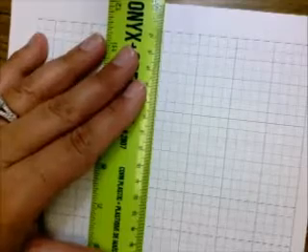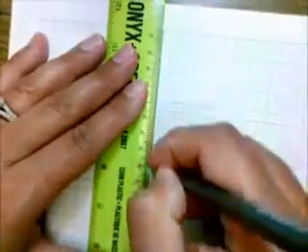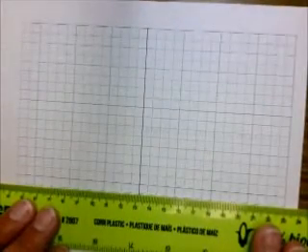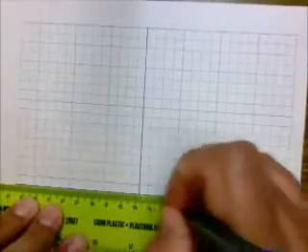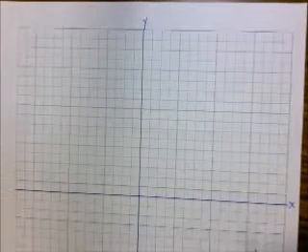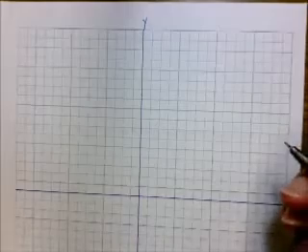We've got a Cartesian plane here, which is your y-axis intercepting your x-axis. The y-axis is the one that goes vertically. The x-axis is the one that goes horizontally.